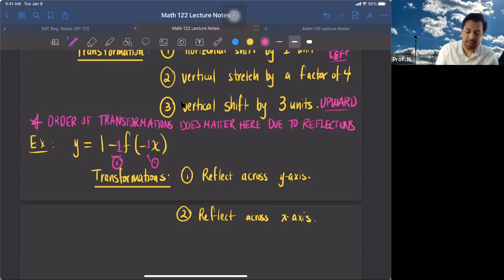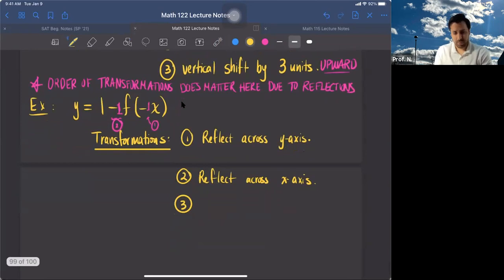And then finally, the last thing is what? What's the last thing? There's that 1 there, right? What does that 1 do? Are we adding it? Are we subtracting it? And then what does that result in? What kind of transformation?